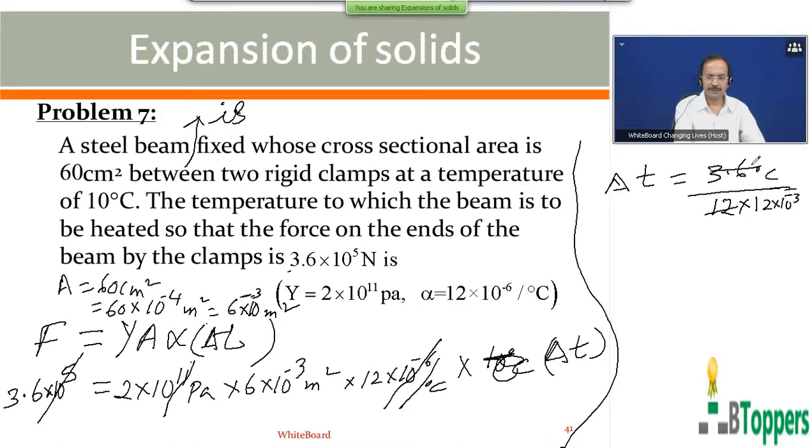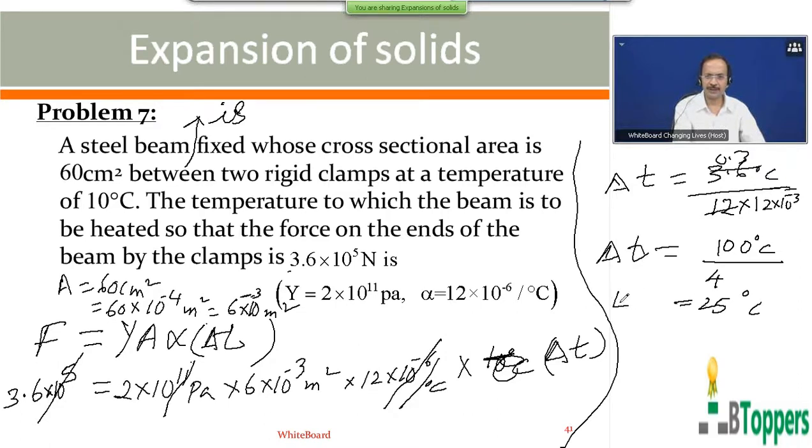So 12 you can cancel, 36 is 3 times 12. So this is 0.3. Simplify this here, and you get 25 degrees centigrade. So the increase in the temperature is 25 degrees centigrade.